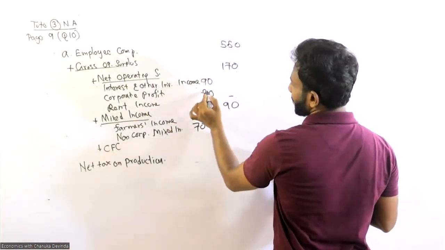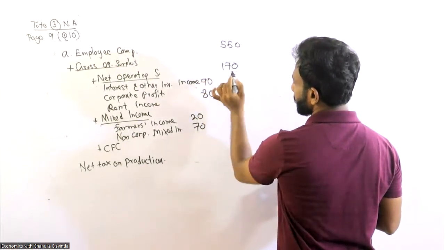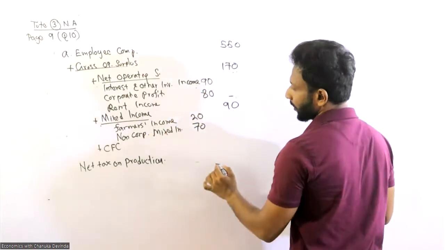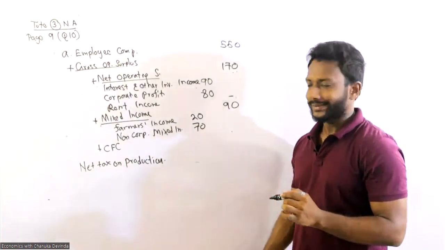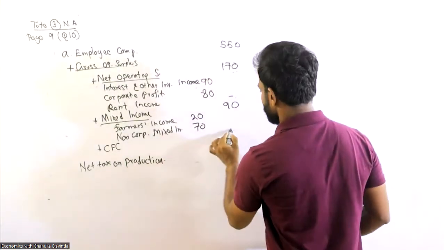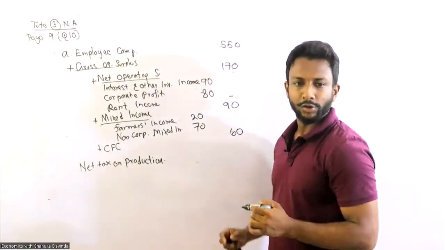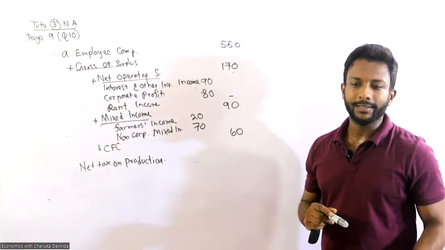Net operating surplus is the accumulation of these numbers here, and mixed income is the accumulation of these numbers here, 90, and consumption of fixed capital also, how much is it? 60. Now, is there any net tax on production? No. They have given indirect tax and transfers.